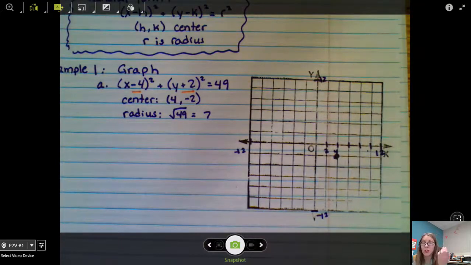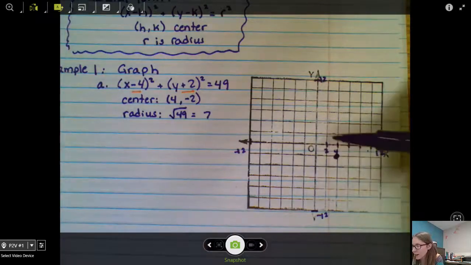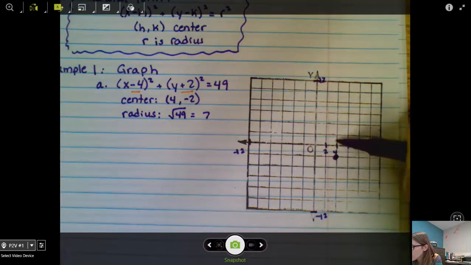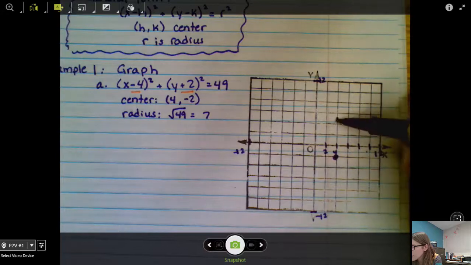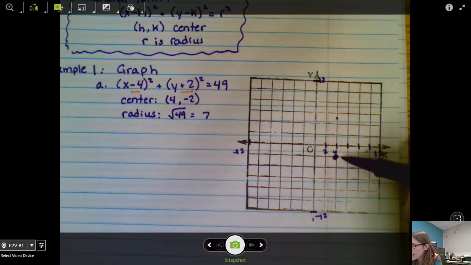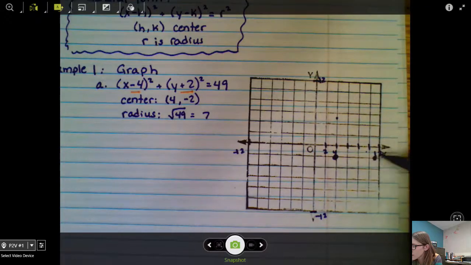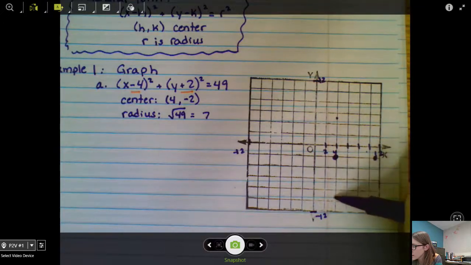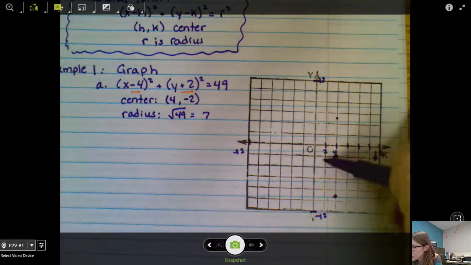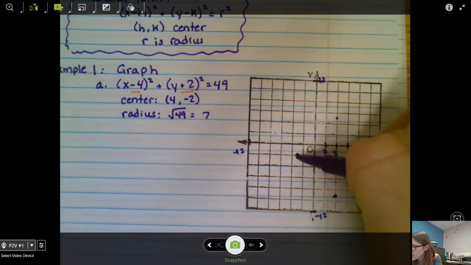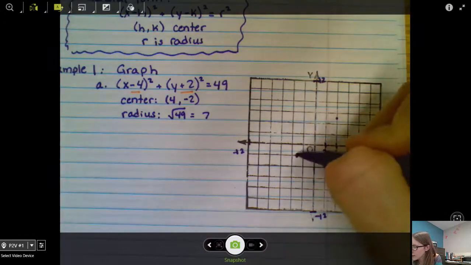The radius of my circle is 7. So keep in mind that I'm going up by 2's here. 2, 4, 6, 7. From your center, go 7 out in each direction. And then we connect our dots to get our circle.